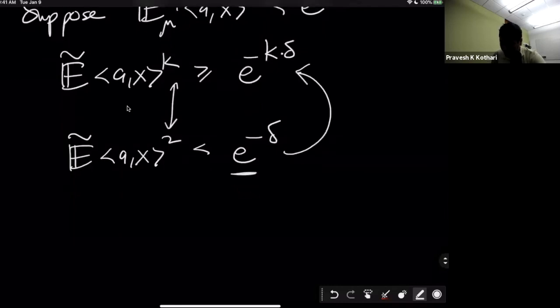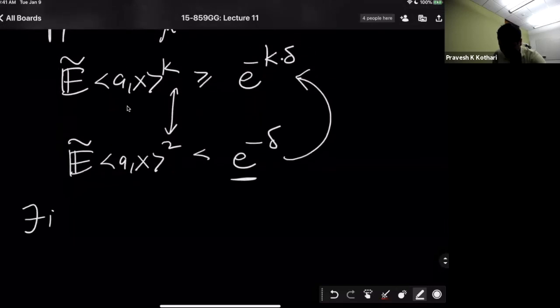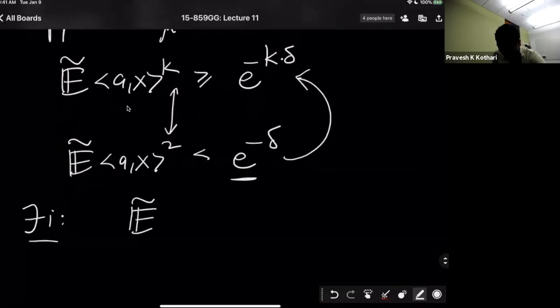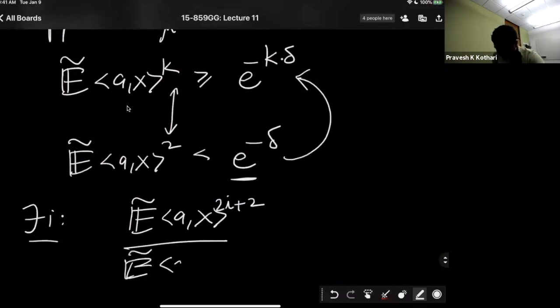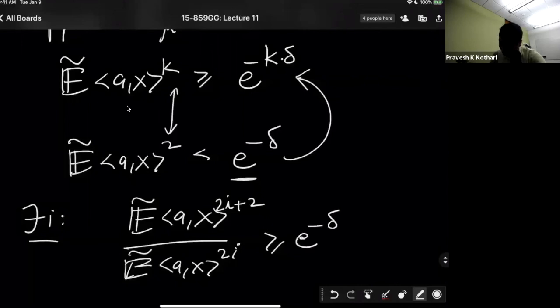So by the pigeonhole principle, there must exist an i such that this ratio of 2i plus 2 over 2i should be at least e to the minus delta, since the multiplicative jump is k minus 1.